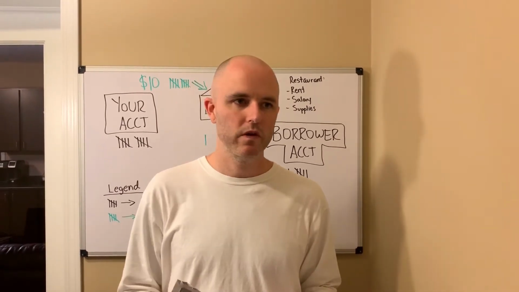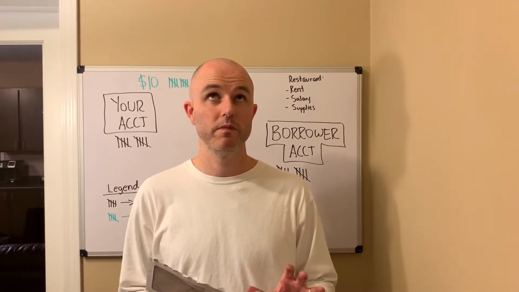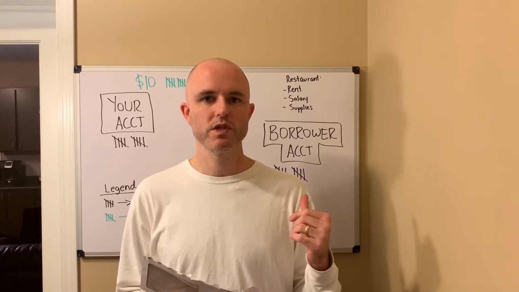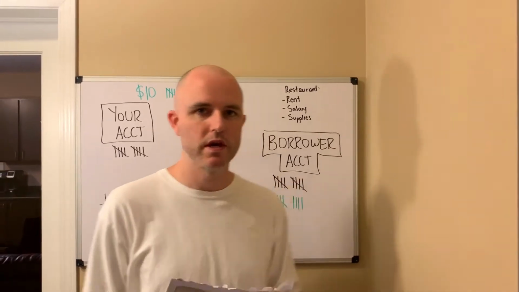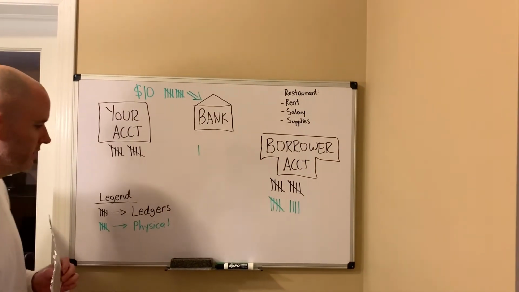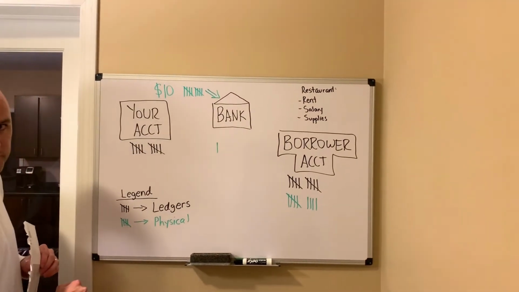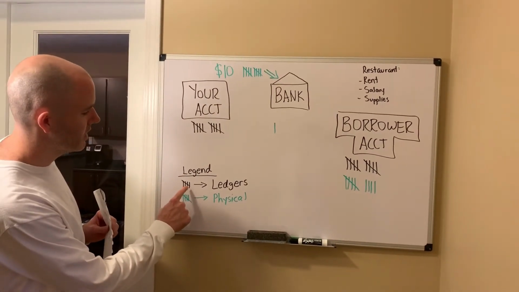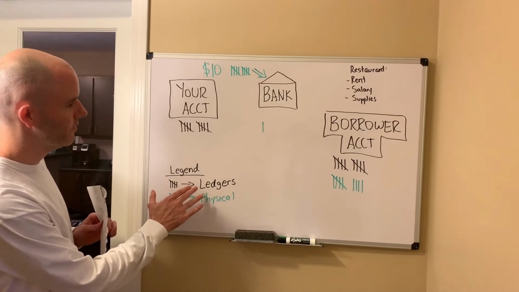Okay, so first, I want to familiarize you with the terms and some of the little illustrations I've made on the whiteboard here. First and of utter importance is the legend down here. The little tick marks in black are going to be the actual ledger.